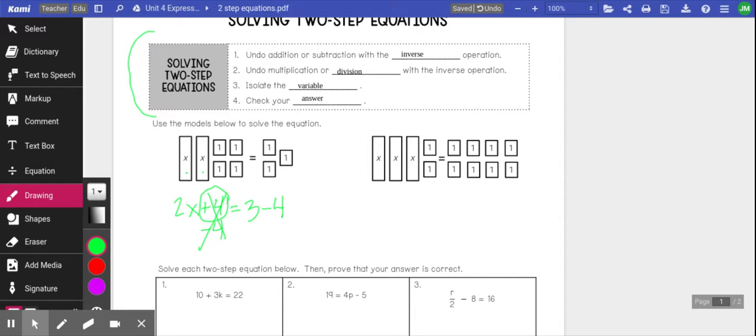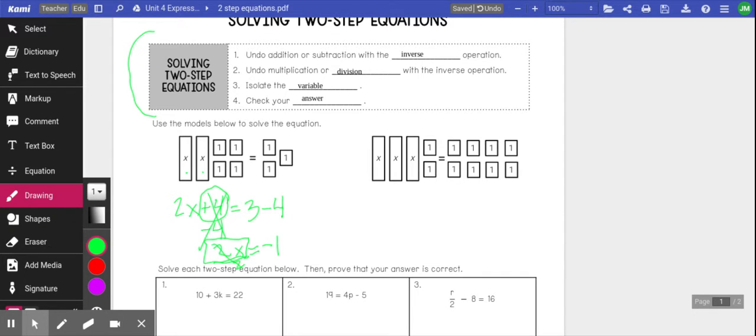Okay, and I have 3 minus 4, which then is going to leave on this side of the equation a 2x. And over here, 3 minus 4 is a negative 1. Okay, now I'm ready to do the inverse of the multiplication operation that I see so that I can have x all by itself. Okay, and the only way to get x to turn into just an x is to divide by whatever is next to it. Okay, so I am going to divide by 2.